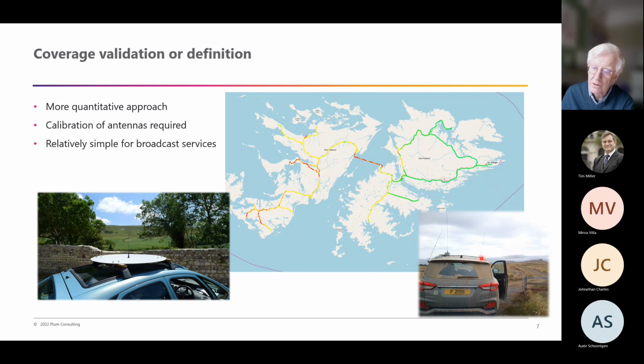So these antennas would have a much higher uncertainty as to what the actual gain and the pattern of the antennas look like. So the measurements we made in the Falkland Islands will come with a significantly higher degree of uncertainty than the measurements we made in the UK. So this sort of thing needs to be allowed for in interpreting coverage measurements.